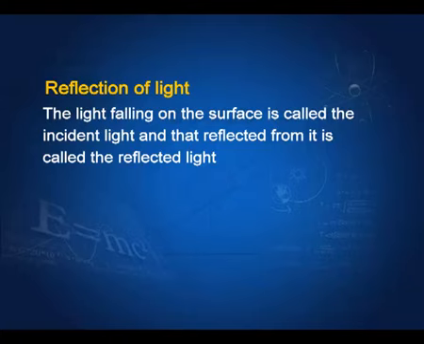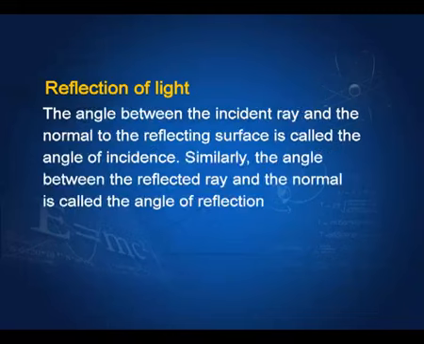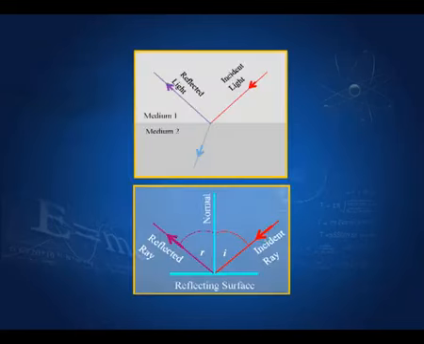The light falling on the surface is called the incident light, and that going in the other direction is called the reflected light. The angle between the incident ray and the normal to the reflecting surface is called the angle of incidence, and similarly the angle between the reflected ray and the normal at the point of incidence is called the angle of reflection. You see, this is the incident light, this is a boundary between two media.